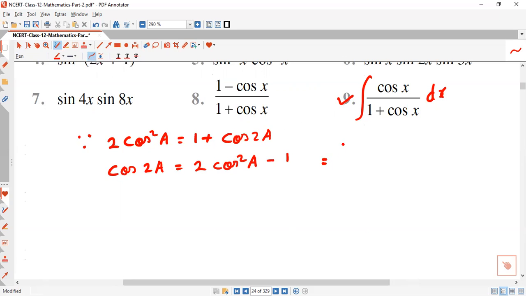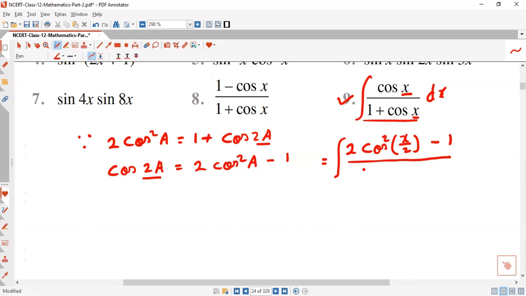So cos x can be written as 2 cos square x by 2 minus 1, because x equals 2a, so a equals x by 2, divided by 1 plus cos x, which is 2 cos square x by 2, dx.